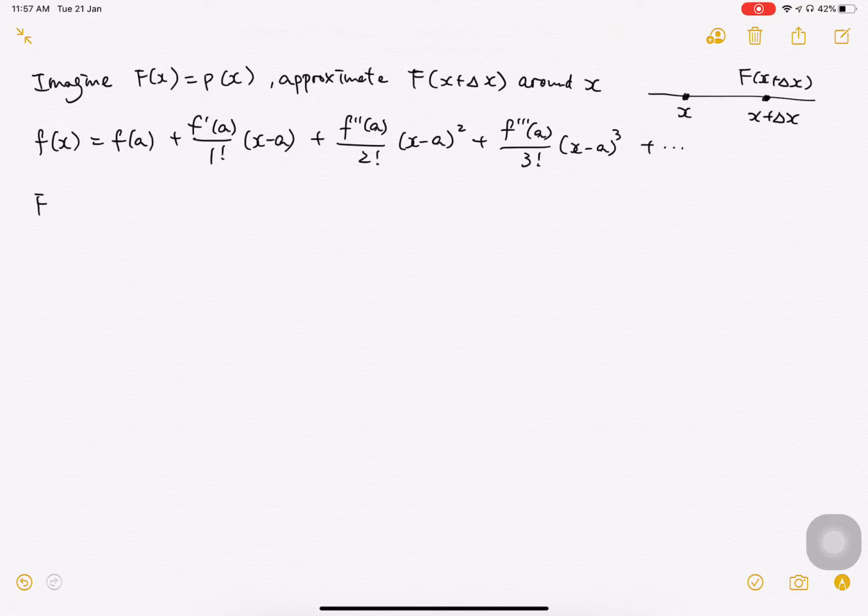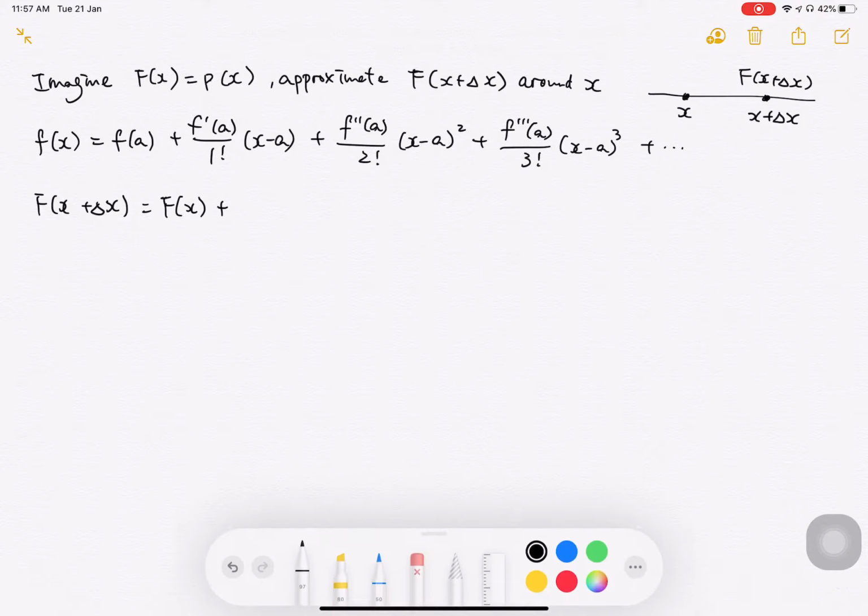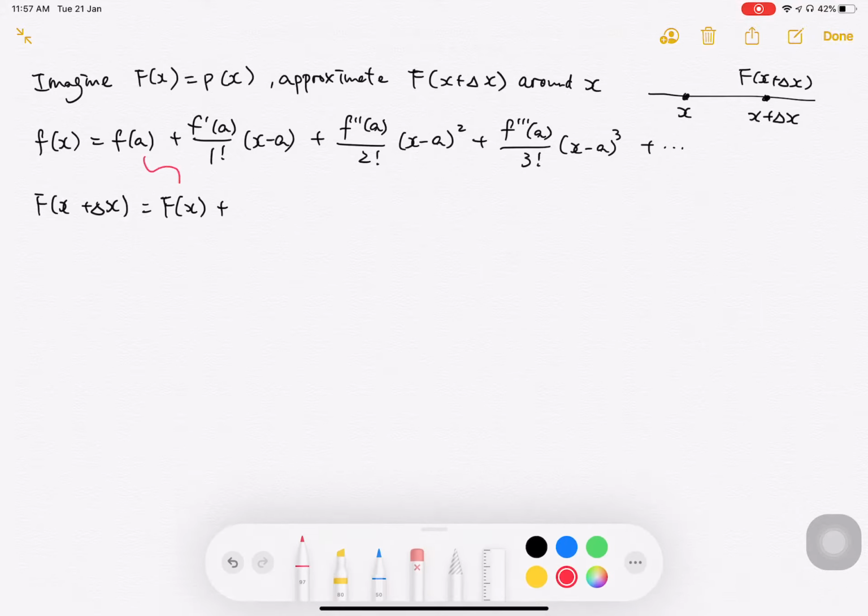So we are approximating this. Your new x is x plus delta x, and your a is x.